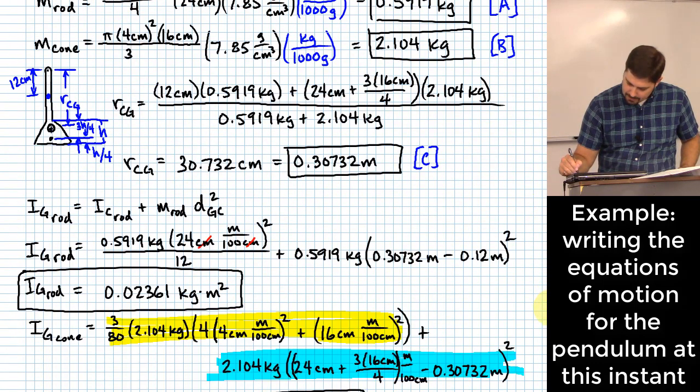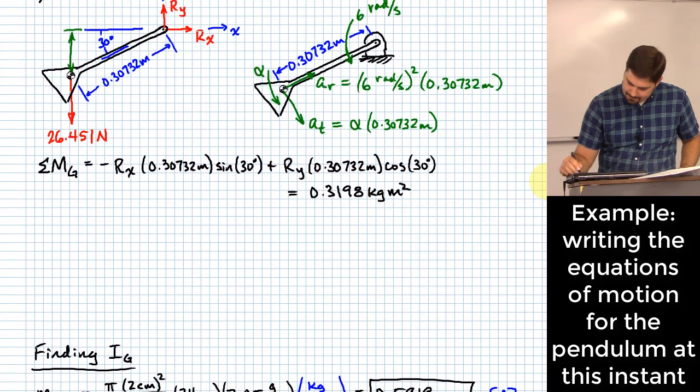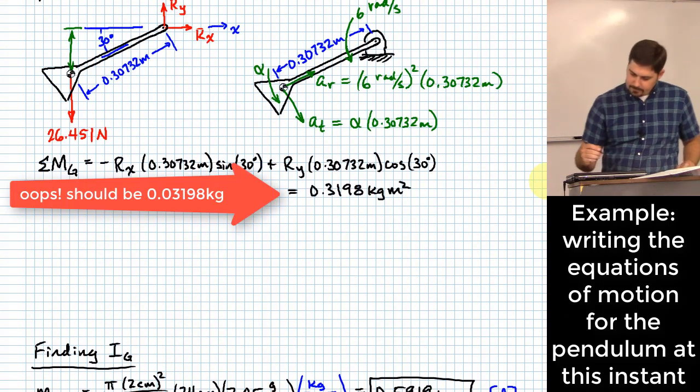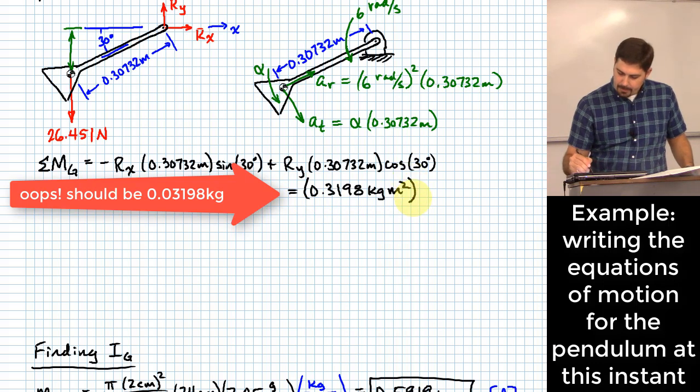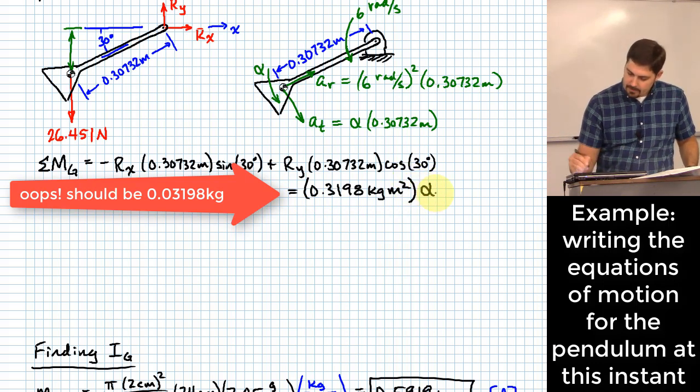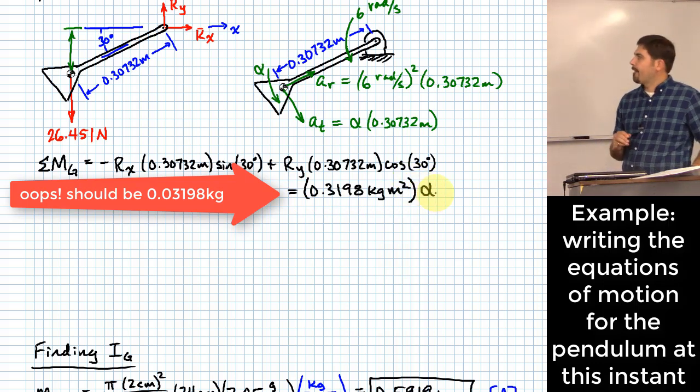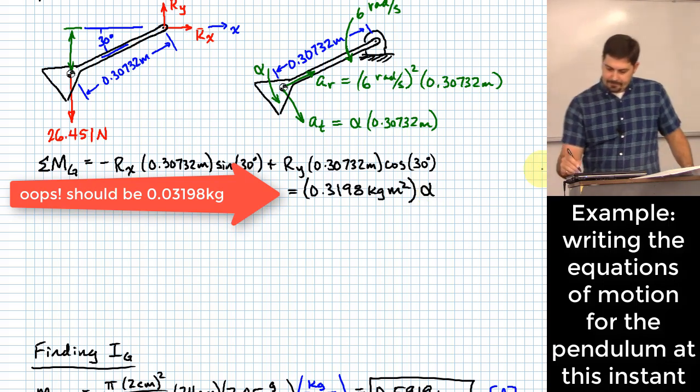Make sure I wrote that right. 3198. Okay. That multiplied by alpha.